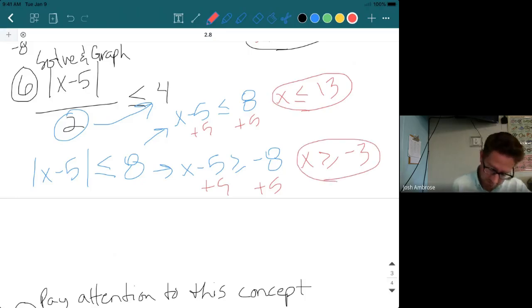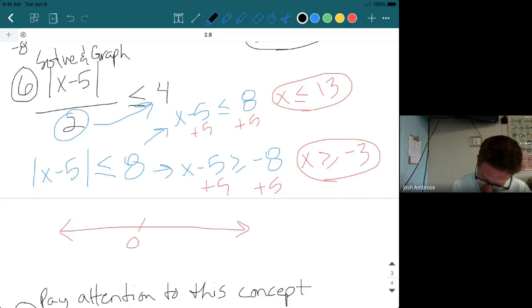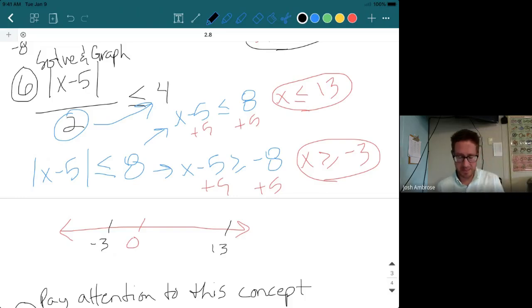Now we need to graph it on a number line. All right, and let's just save some time. Let's say that all the way over here, that's 13. And right here, that's negative 3, just to save some time for us. And x is less than or equal to, so we have to fill in that circle.